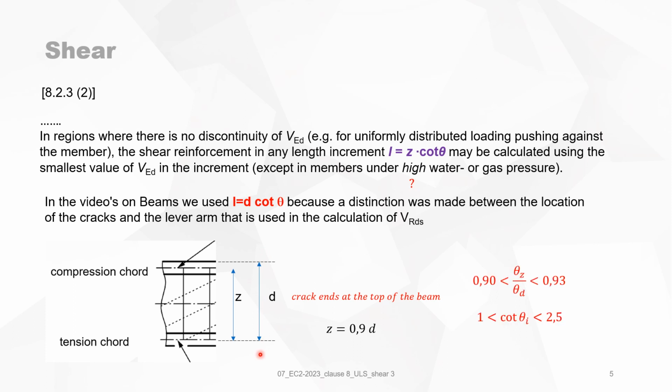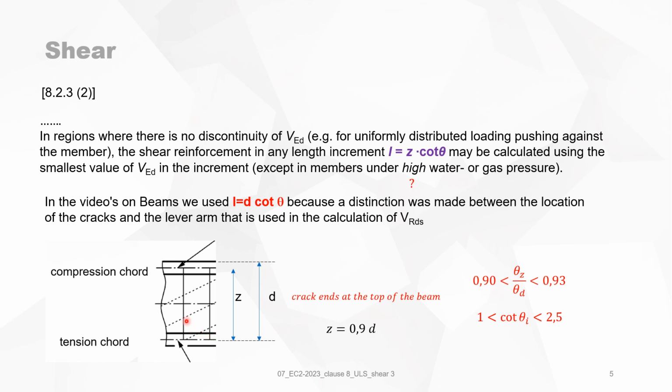Now, what is the error that you make if you do not follow z cotangent theta, but you use d cotangent theta? Well, the difference is simple. For cotangent theta between 1 and 2.5, the ratio of theta calculated with z to theta calculated with d is 0.9 or 0.93.